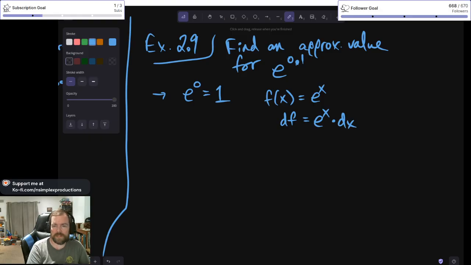The other thing is that here we can now use this as part of our approximation. So here we want to say that our df is equal to e to the 0, the nice value that we're using, times our dx, which is the difference between our 0 here and our 0.1 here.